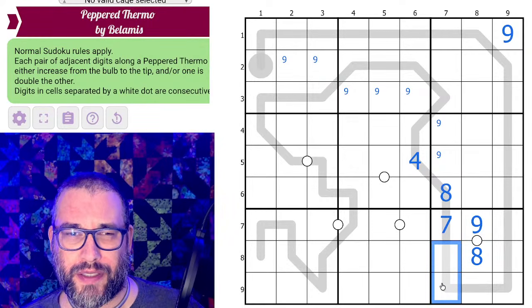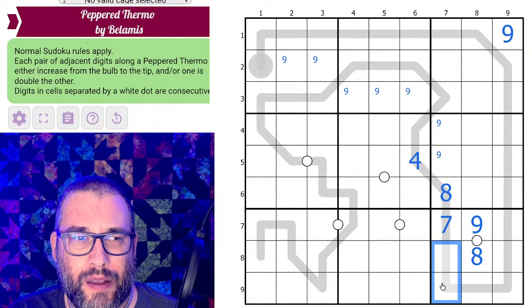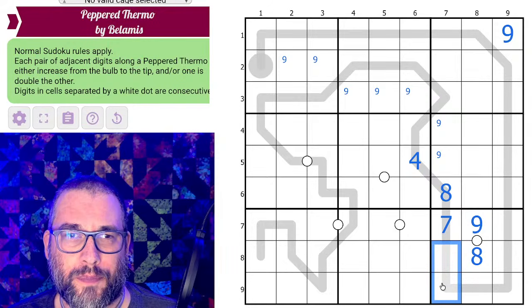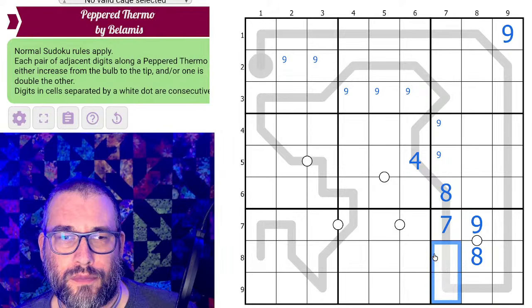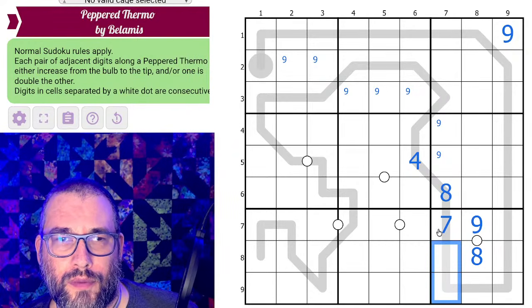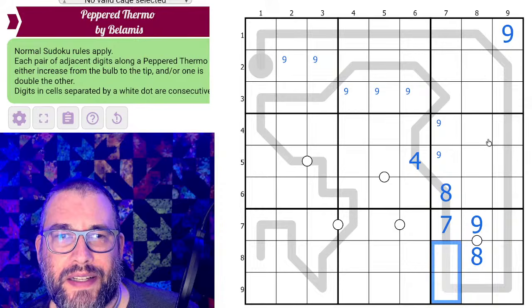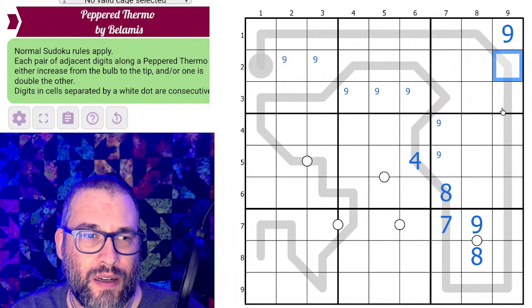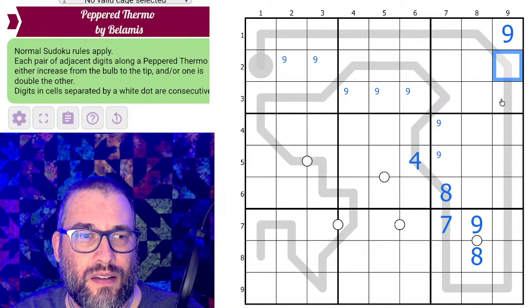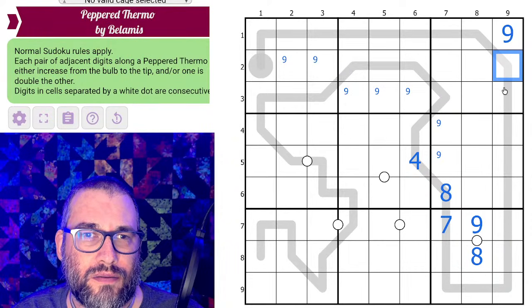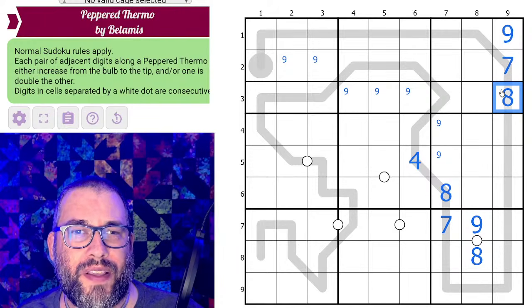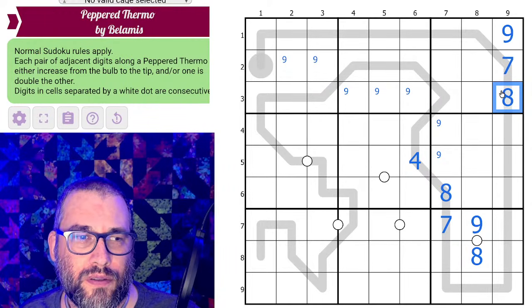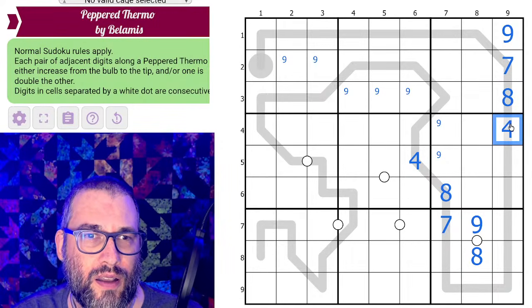Are we really prepared to say that the 5 has to be... Oh, 7 always has to lead to 8. 8 is the only thing that can come after 7. So I believe we have to do this. And a 4 there.